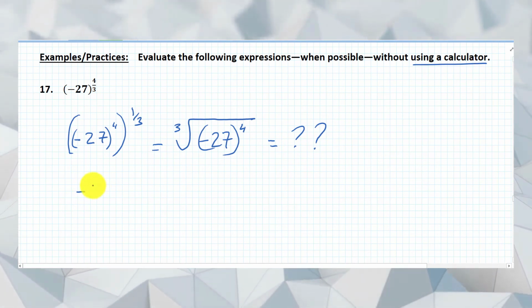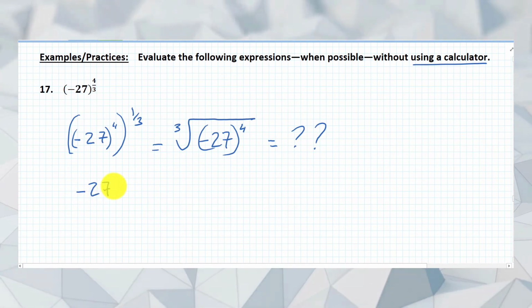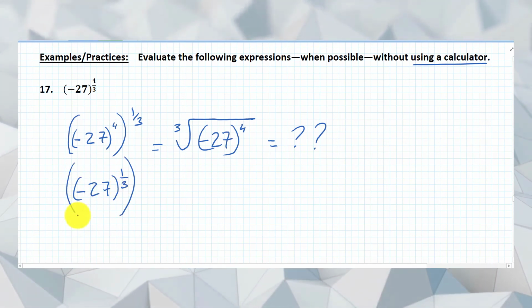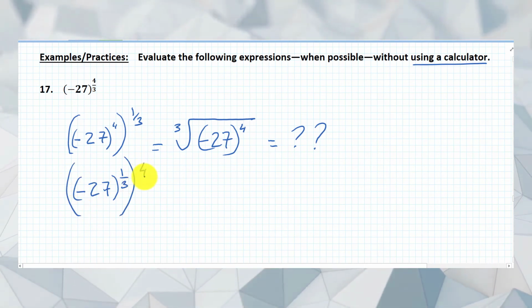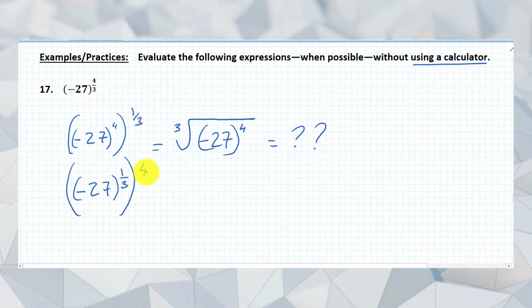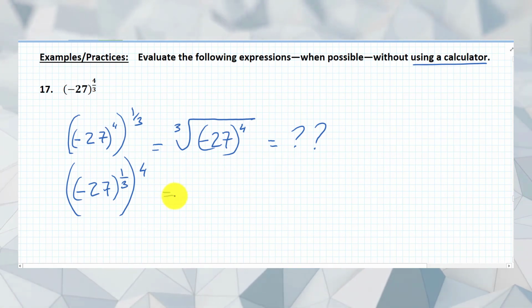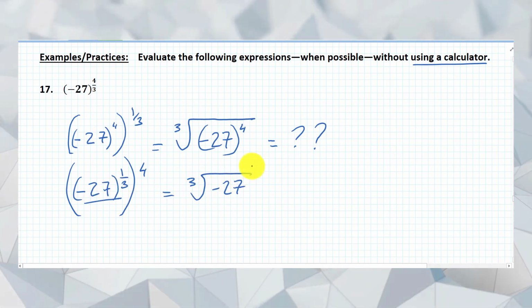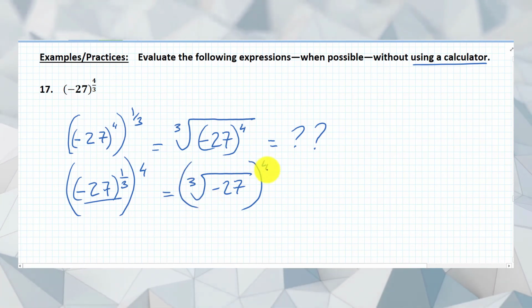Instead of raising to the power of 4 first, I can take negative 27, raise it to the 1/3, and then raise that to the power of 4. It's the same, right? 4 times 1/3 or 1/3 times 4 is the same. So in this case, I would take the cube root first, the cube root of negative 27, raised to the power of 4.